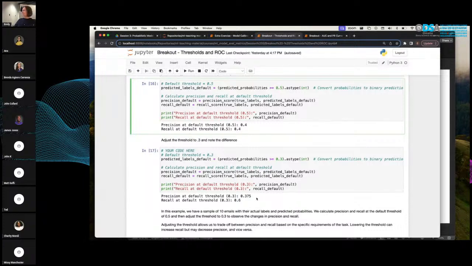Because only pulling out those values with the threshold of greater than or equal to 0.3 found more values that were positive. That's exactly right. So if we decrease our threshold, we're predicting 1 for a larger amount of events. So we're going to have less false positives because less false negatives. Is that correct? False negatives?